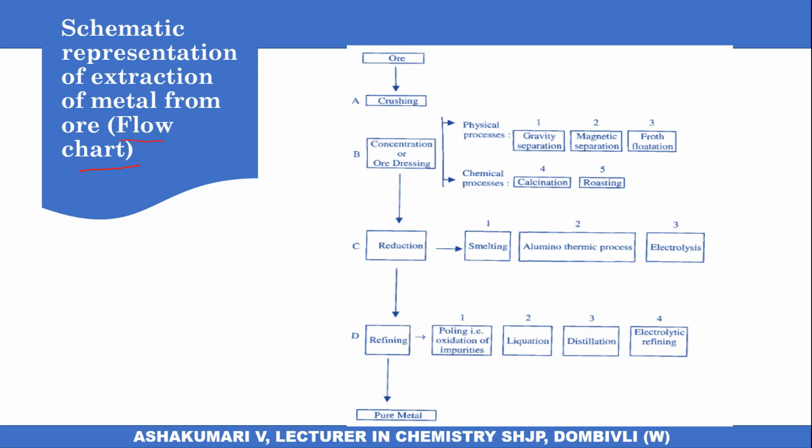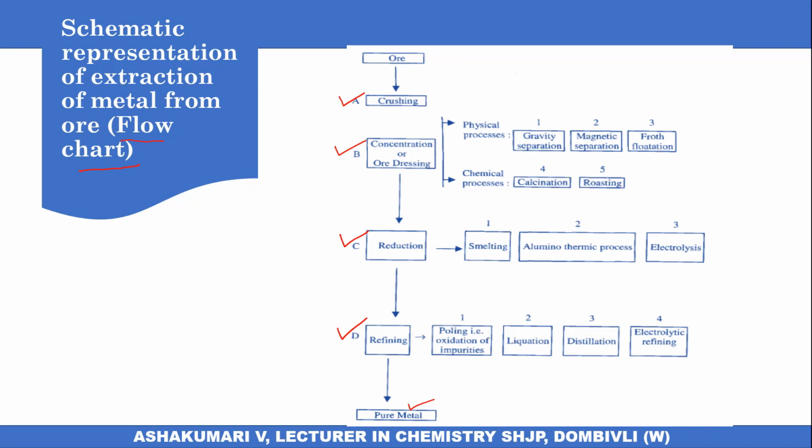There are 4 important steps in the extraction of metal from ore. They are crushing, concentration, reduction, and refining. Finally, we obtain pure metal after all these 4 steps. First, let us study the meaning of all 4 steps.